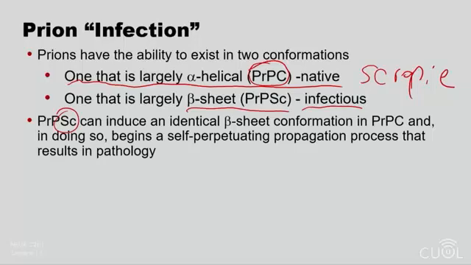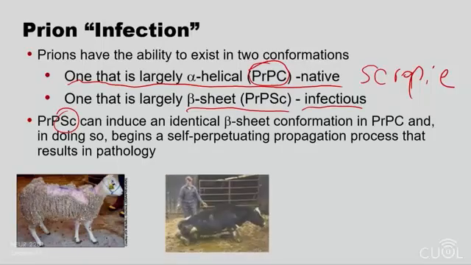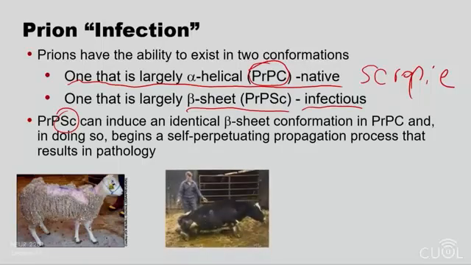So it's this self-perpetuating propagation that results in pathology. Okay, so prion infection is usually called spongiform encephalopathy, but it also results in quite striking behavioral changes. So in sheep, they start to rub up against everything and they have really weird sensory and motor deficits. In cows, it's the same outcome, right? They have really crazy motor problems.